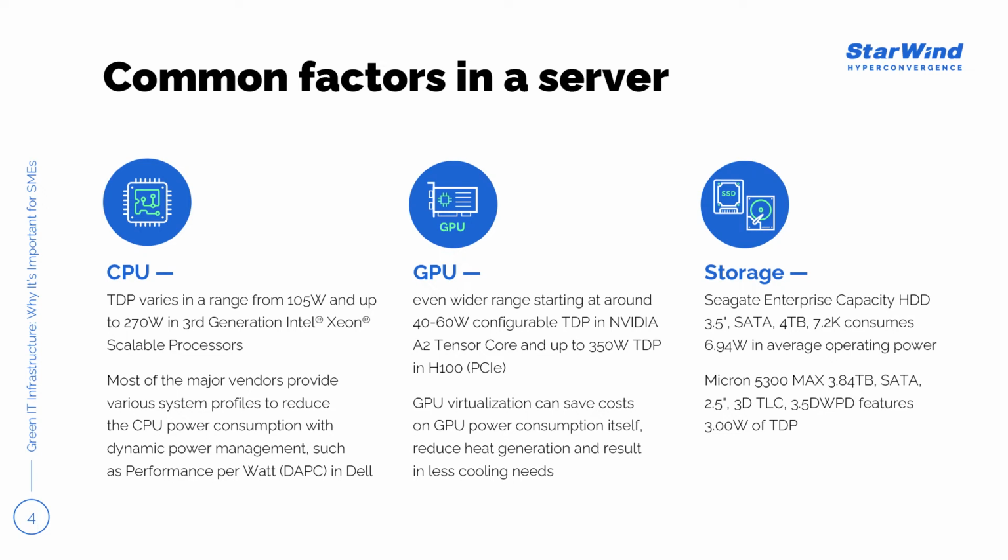Of course, the most important metric to look at when we are talking about chips such as CPU or GPU is thermal design power, TDP, which, according to Intel, represents the average power in watts the processor dissipates when operating at base frequency with all cores active under an Intel-defined high complexity workload.